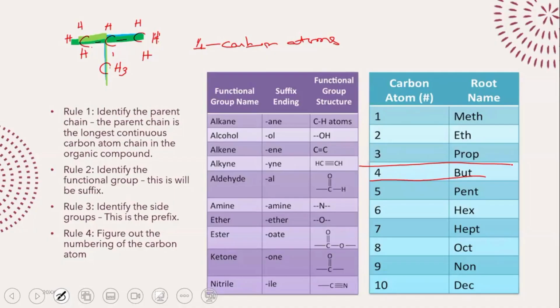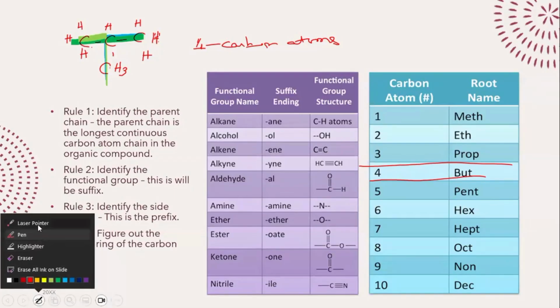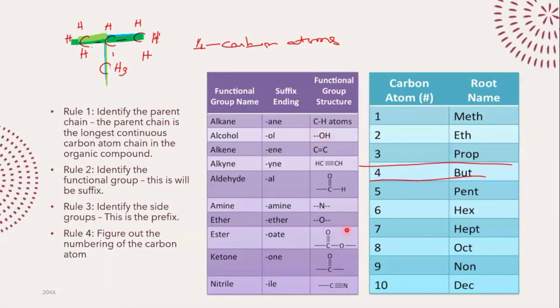Then the second rule you need to take a look at is you need to identify what functional group is present in your compound, right? Here in front of you is a table of all the functional groups that you can find in organic chemistry.